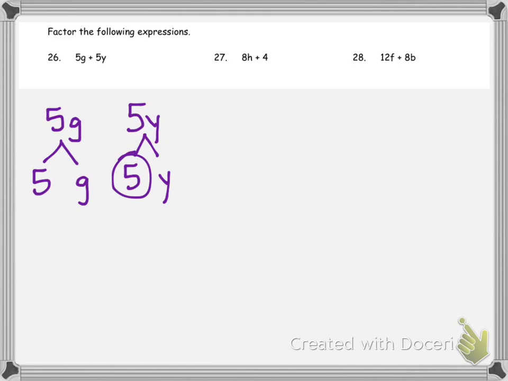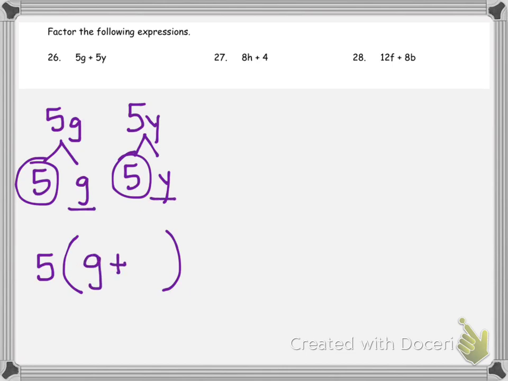And I can see that I have a common 5. So 5 is my GCF, and whatever's left in my two trees is what's left in my sum. So there's a g left here plus a y left over here. So 5 times the quantity g plus y is my answer. All right, that's an equivalent expression.